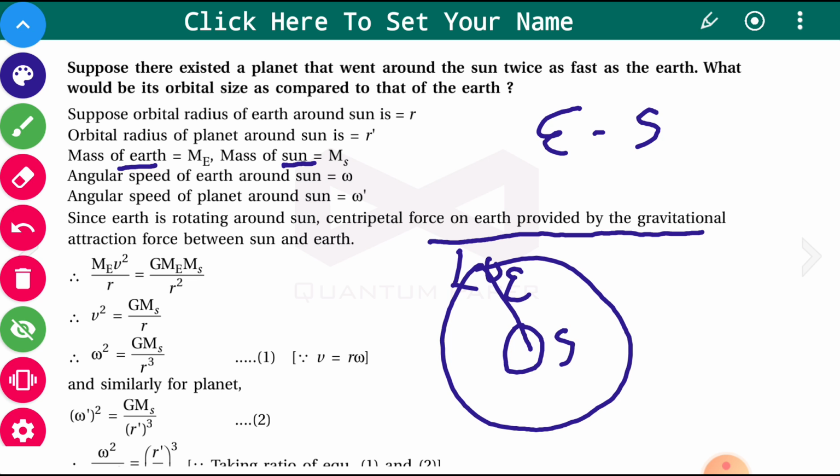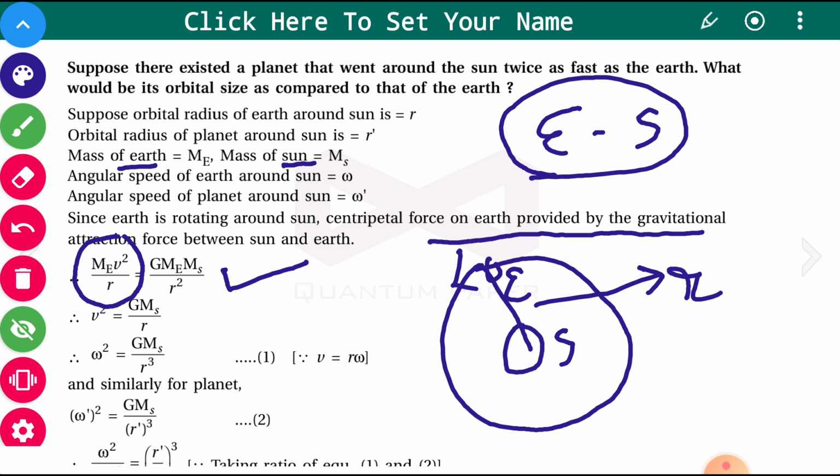If the distance between the sun and the earth is r, then the centripetal force can be written as Me v square upon r, and the gravitational force between the earth-sun system is G Me Ms upon r square, where Me is the mass of earth, Ms is the mass of the sun.